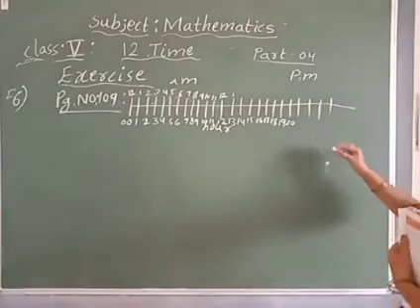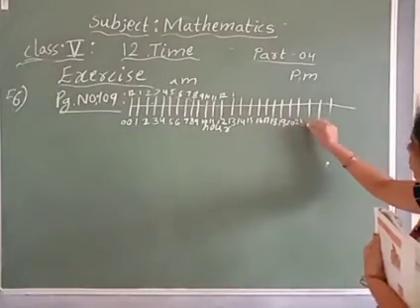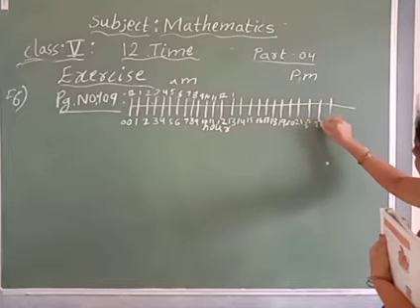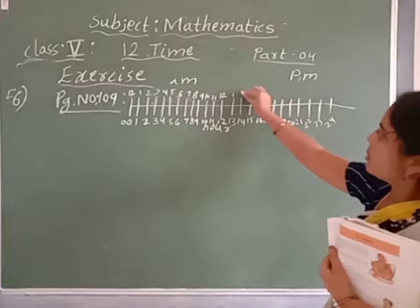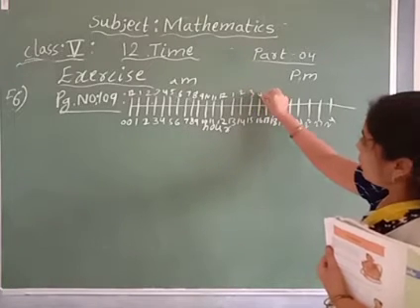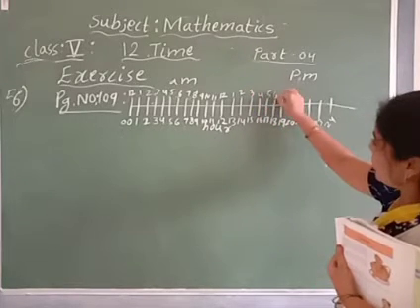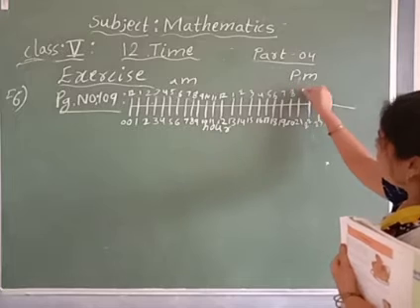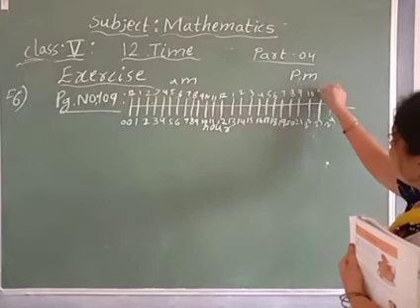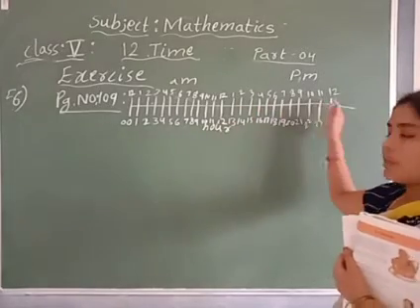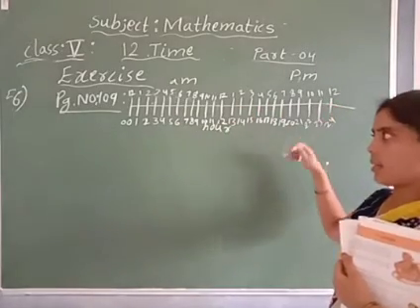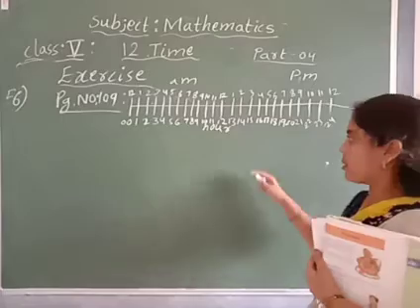Draw this line clearly, children. 21, 22, 23, 24. So the upper row is the 12-hour clock and the lower row is the 24-hour clock.